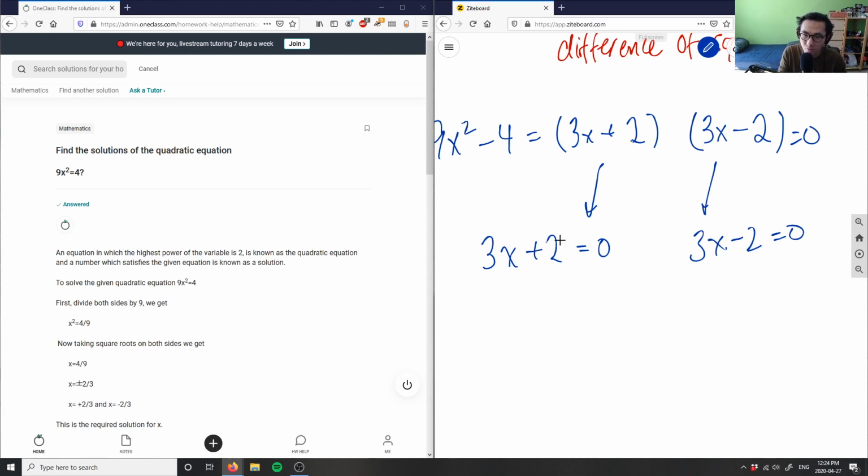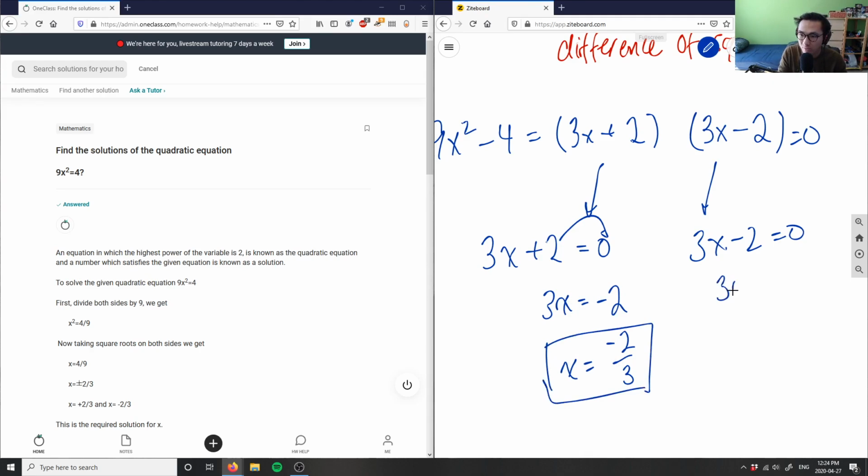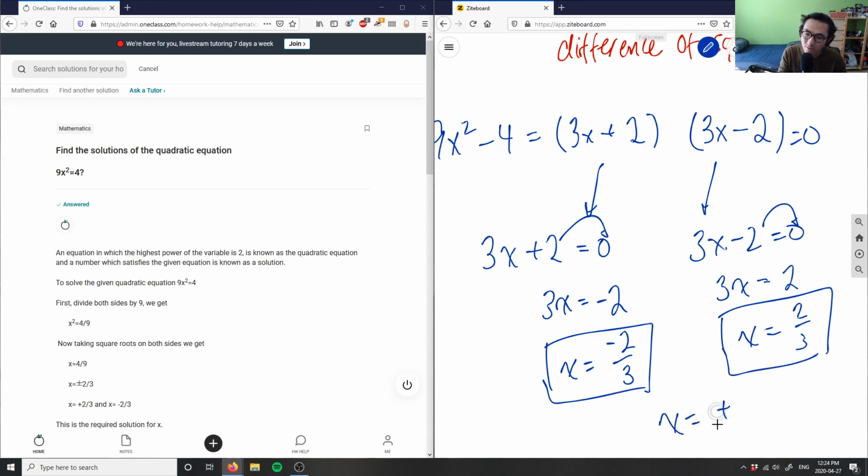I'm going to move 2 to this side, so I have 3x equals negative 2. If I divide both sides by 3, I get negative 2 over 3. Here is my first solution. And then for 3x minus 2, I'm going to move 2 to the other side, which becomes positive 2. Divide both sides by 3, I get 2 over 3. So x would equal plus or minus 2 over 3, which is my correct answer here.